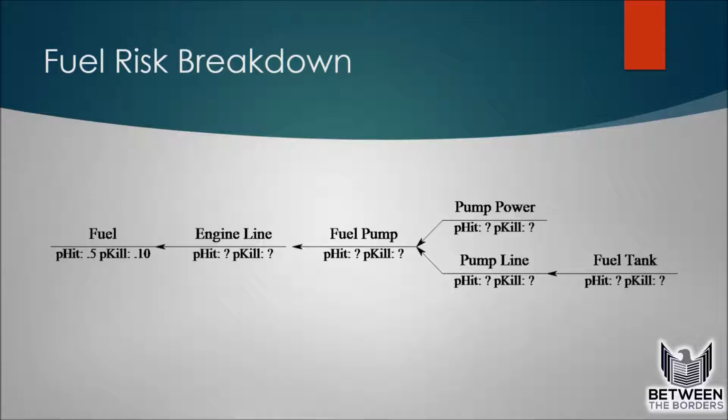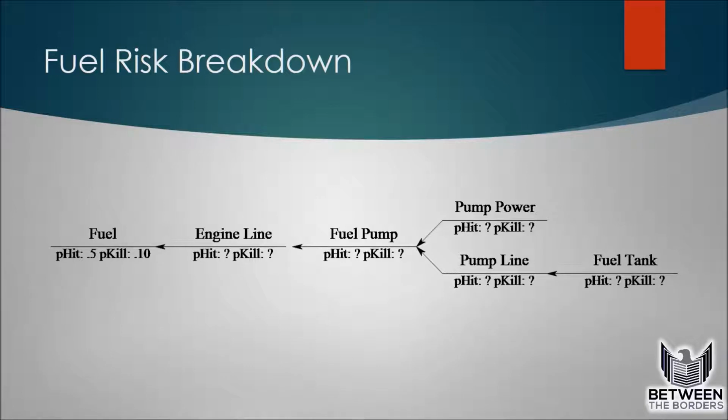But it means the engine line, the fuel line between the fuel pump and the engine, if that's gone, nothing else matters. The fuel pump, if the fuel pump is gone, nothing else matters. If the pump line or the pump power are out, nothing else matters. If the fuel tank is out, nothing else matters.